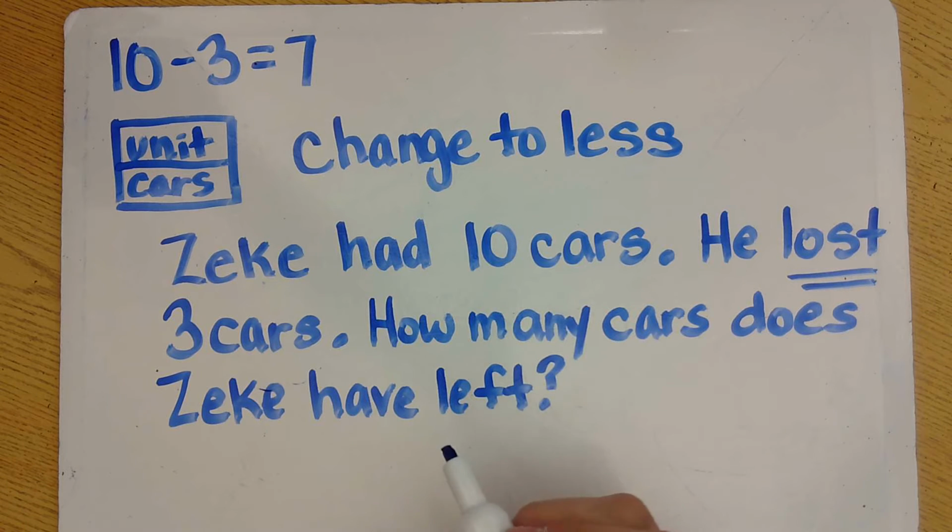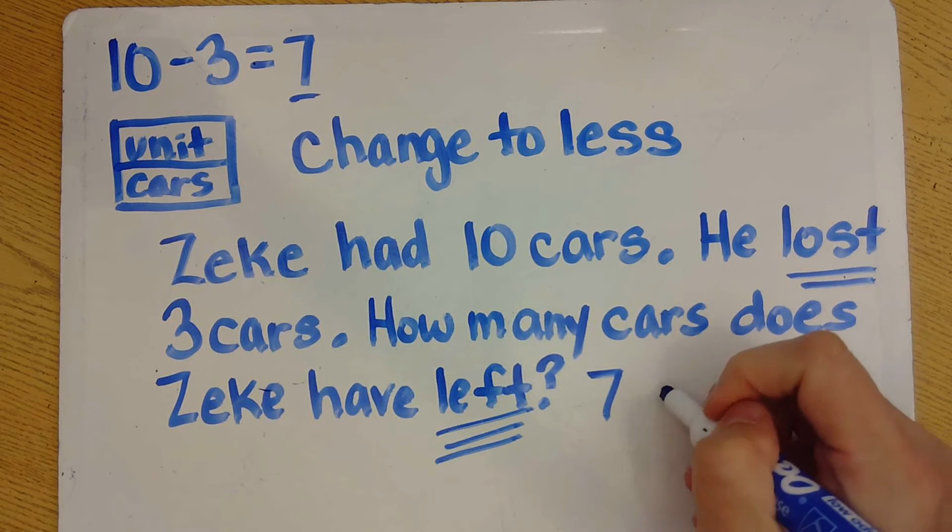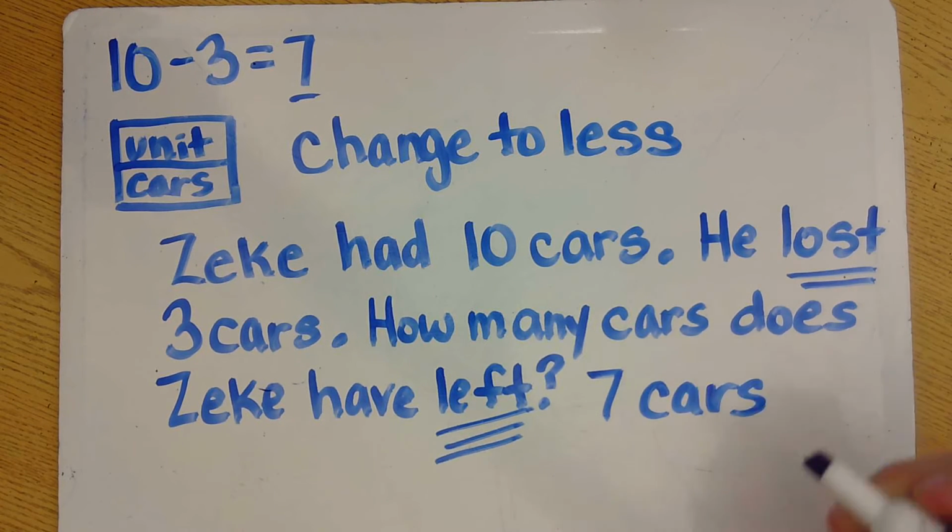Or if I see questions like, how many does someone have left? I'm also going to know that that's a subtraction number story. So, did you figure out the answer? Of course you did, because it's up here. So, Zeke had 7 cars left.